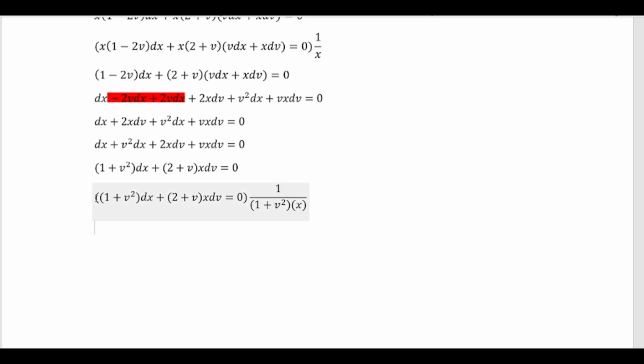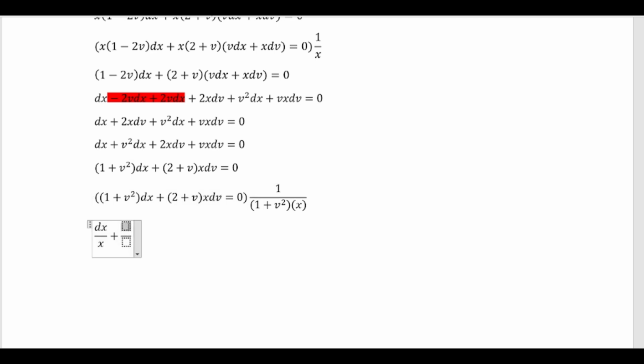Then cancellation, we'll be canceling here the 1 plus v squared, and the only thing that will be remaining is the over x. How do we do that? Okay. Insert equation, fraction, and then this will be dx over x, and plus, this one, no? This one.